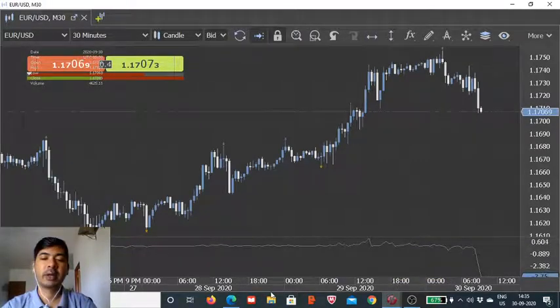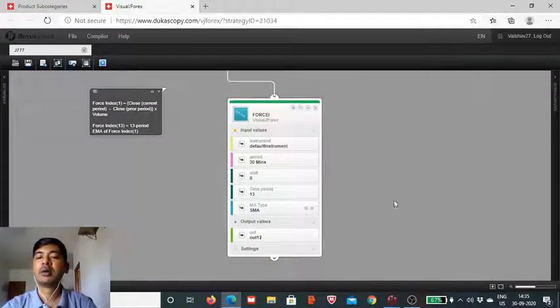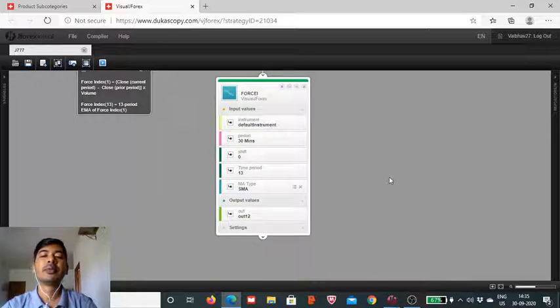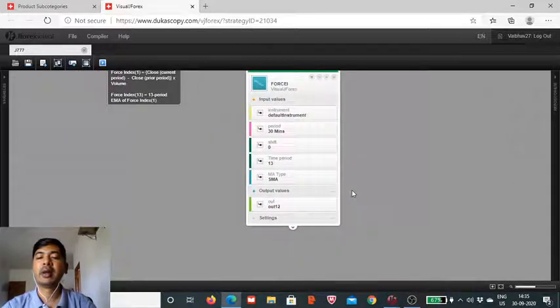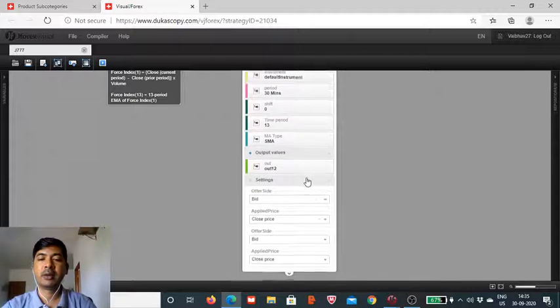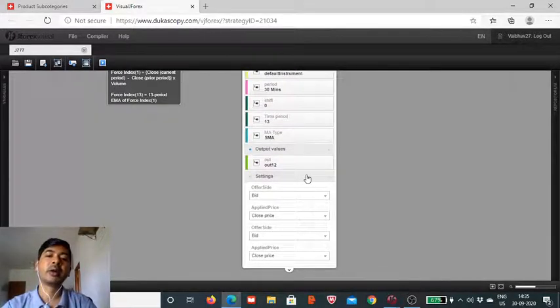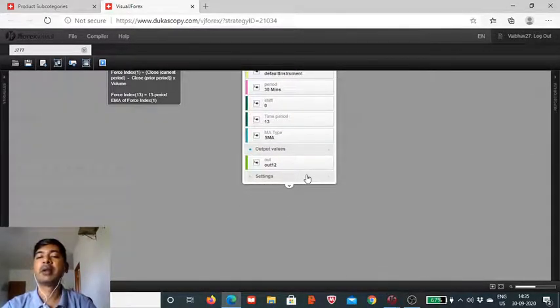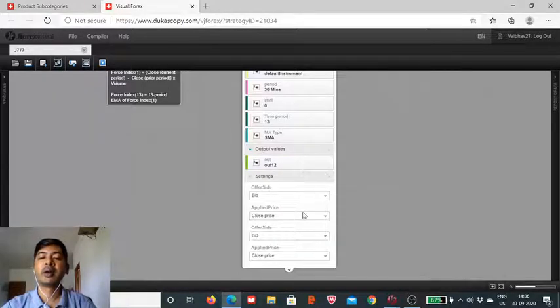So now let us go back to the indicator block. Here we have defined all the 5 input parameters, and as I said, we can use different applied prices, and we have here multiple options for calculating the output value for the force index.